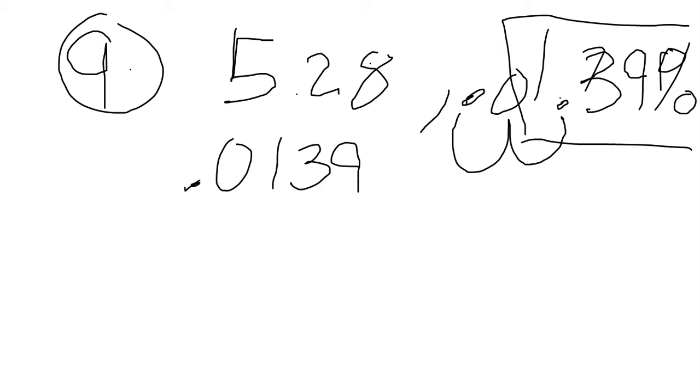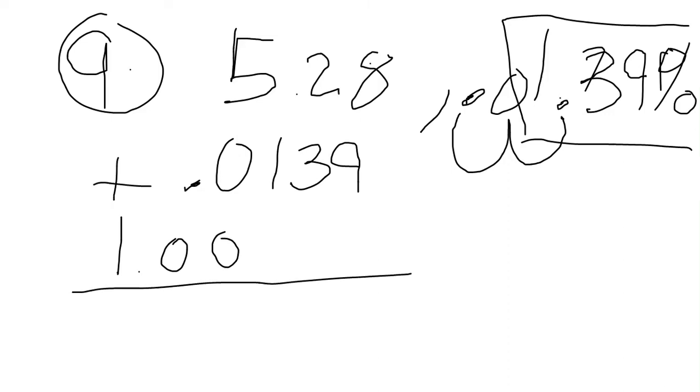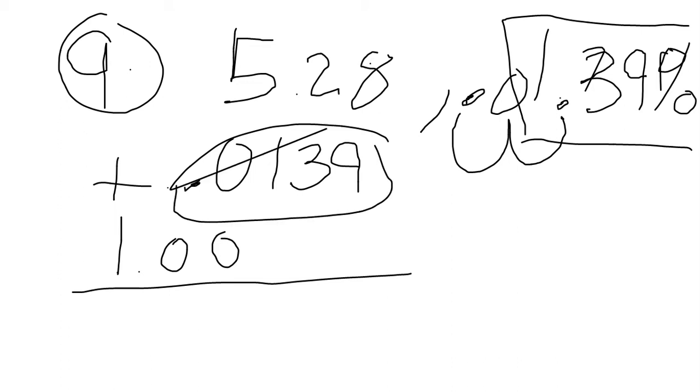The big thing to remember here when we are trying to find our b value, or our rate of increase, is that we're going to start out with 100%, or 1.00. Then we're just going to add our 0.0139 to that number.